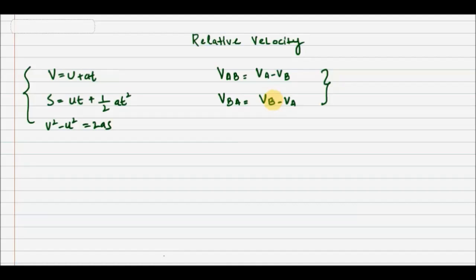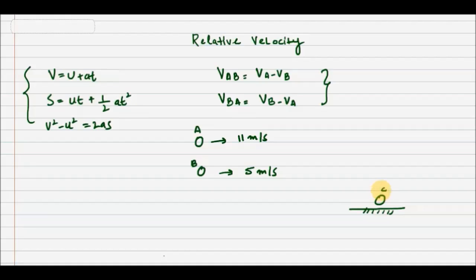Then let's talk about physics, how we physically see it. Suppose we have a person A and he is driving his car with a velocity of 11 meters per second, and we have another person B moving with a velocity of 5 meters per second, and we have a third person, C, simply standing on the ground.